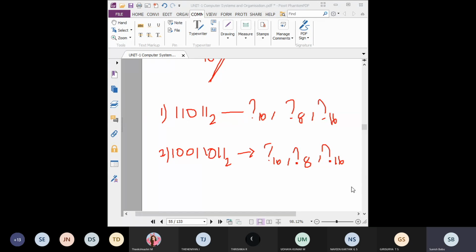What about the remaining students? Ashwath, Harish, Hanish, Hitesh, Jagadeep, Kavin, Sanjay. A lot of students are there. Students, kindly note down the homework and submit the answer.